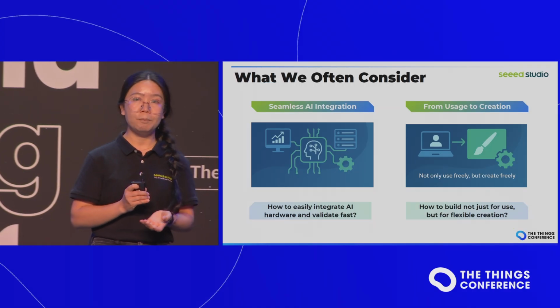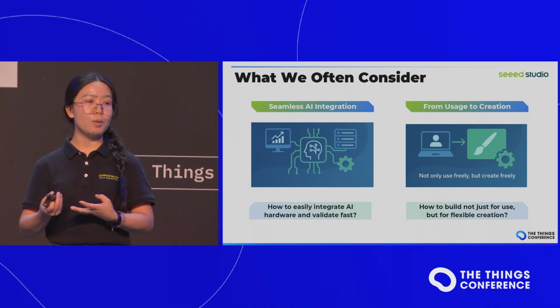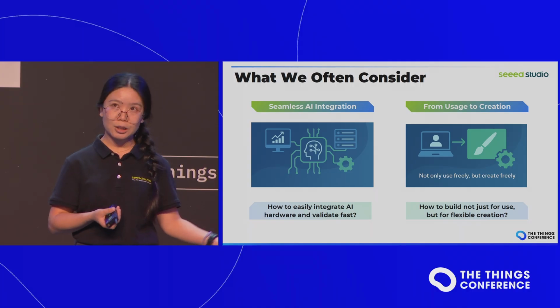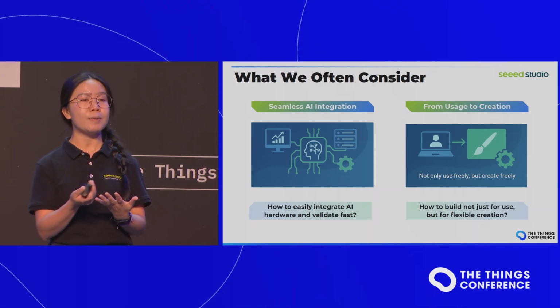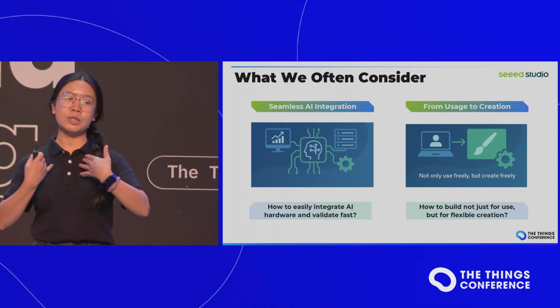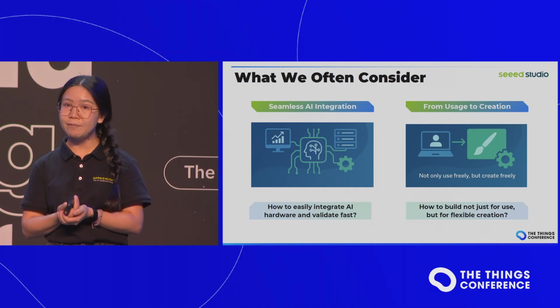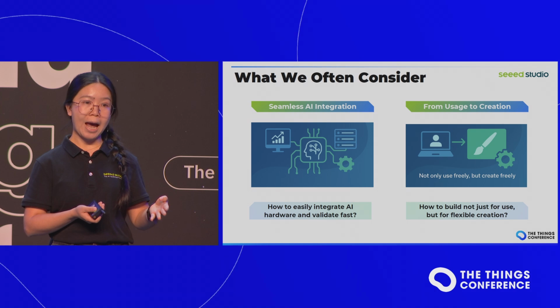So while we are talking about applications and AI, many people might know how to use ChatGPT or DeepSeek. But if we think about applications, especially with hardware, we are thinking about, especially since I mentioned we serve a lot of engineers and developers, how we can make it easy for them to integrate AI seamlessly.